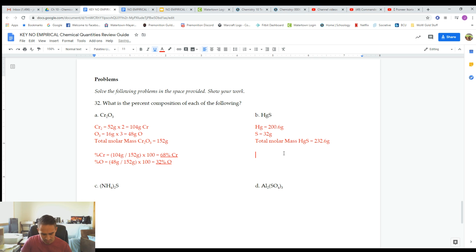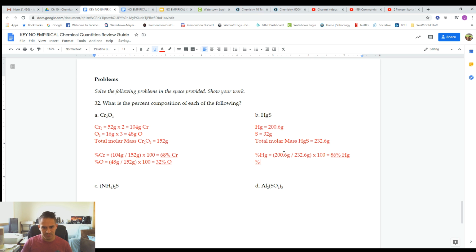So for percentages, percent of Hg is going to be the mass of mercury, which is 200.6 grams, divided by the total mass, 232.6, times 100. All right, so 200.6 divided by 232.6 times 100. Again, let's just round to whole numbers and make it easy. 86% for mercury.